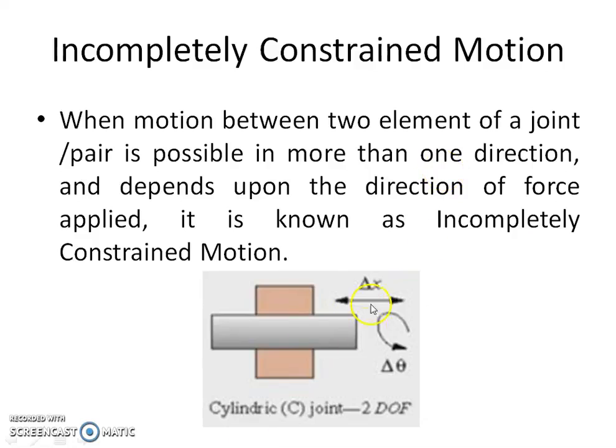Here there are no collars on either side of this cylindrical part, so the part can rotate in the theta direction as well as move in the x direction, because there are no restraints as such. Depending upon the force applied in the x direction or the torque in the theta direction, different motions are possible, and the motion depends upon the direction of force. Hence these are called incompletely constrained motion.